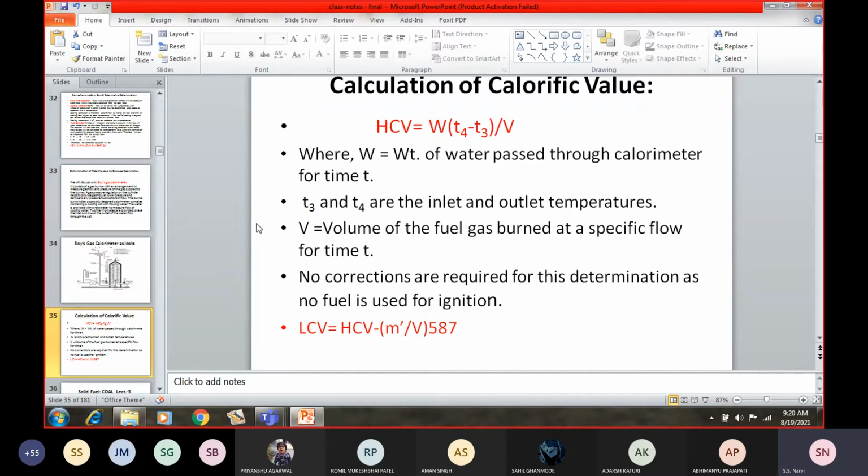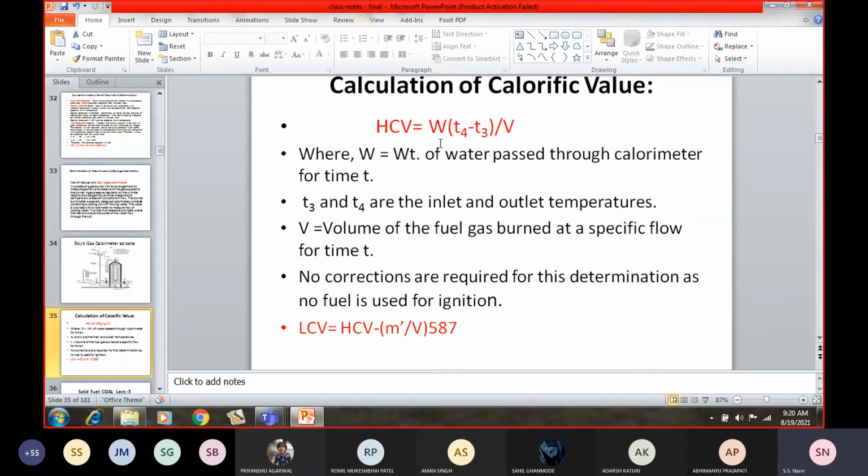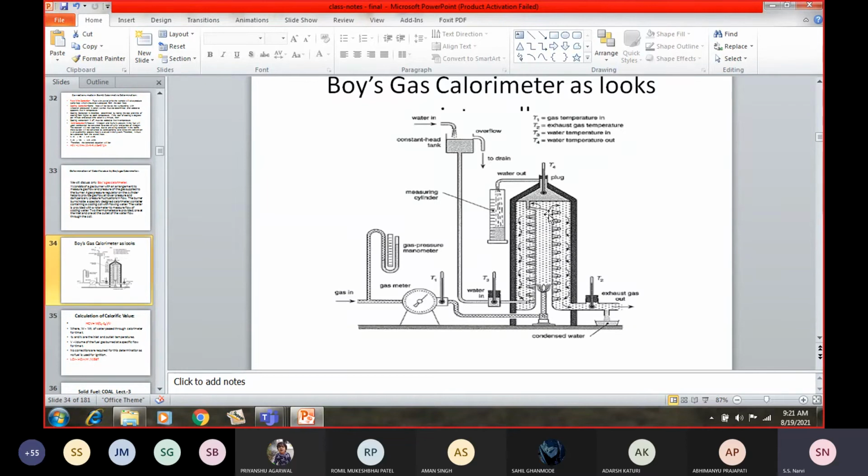Now, if you see this equation, what is missing here? The earlier equation was capital W plus small w. So why is there no small w here? The question is why there is no small w. You see, the heat, whether it is a bomb calorimeter or a Boys gas calorimeter, will be absorbed by two things.